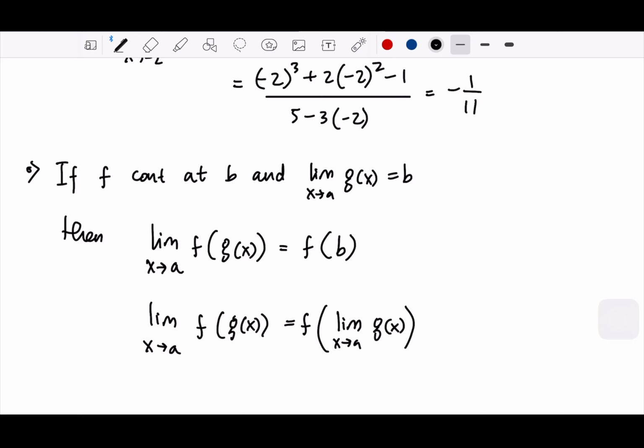Okay. This is to connect the idea of composite functions, the f∘g, right?